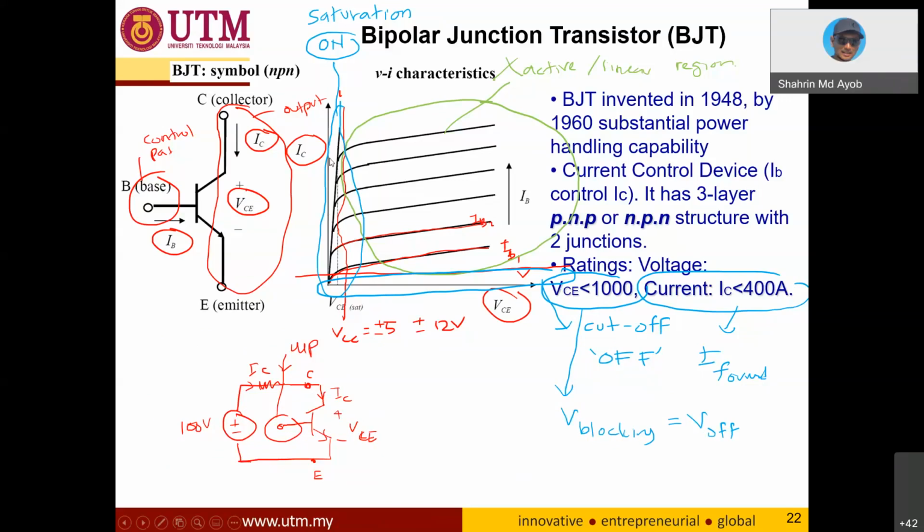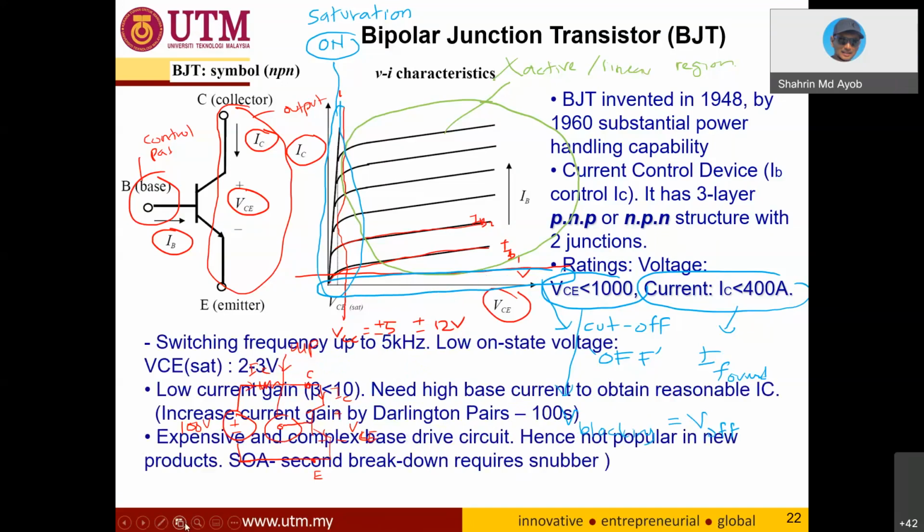In power electronics, only saturation or cut off. Saturation means that it is on, and the current will flow. You will see that the current IC will flow here. And during off, you will see that the current is zero, meaning that it is in the off condition. But the blocking voltage will be here, depending on the circuit.